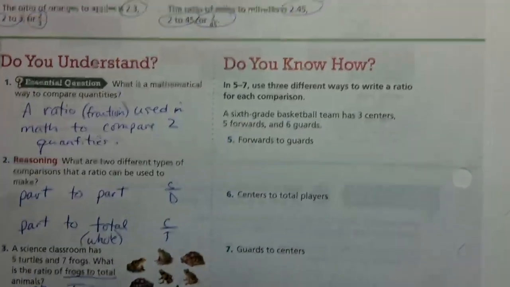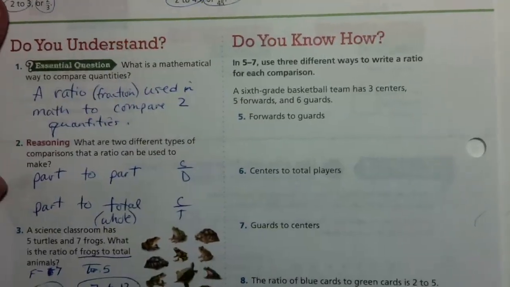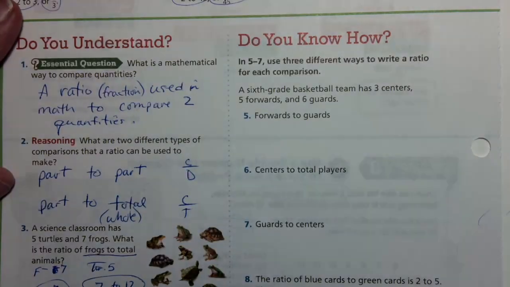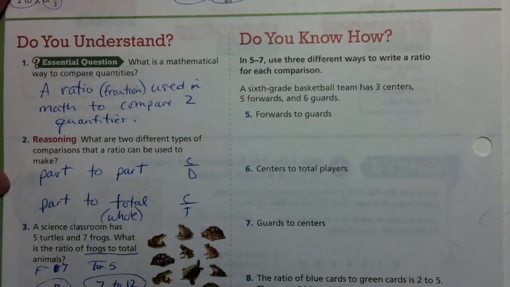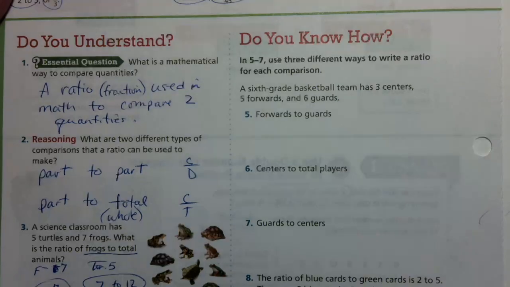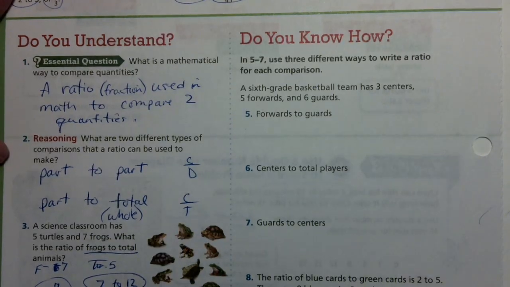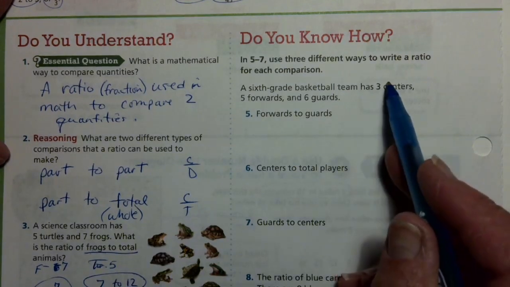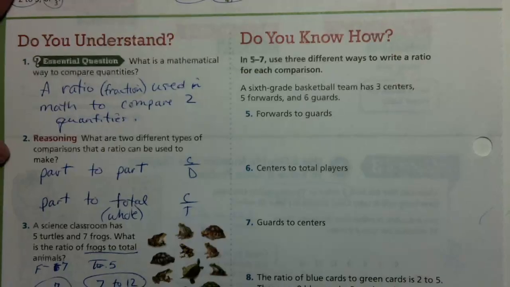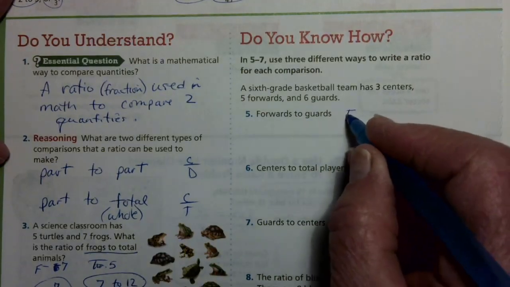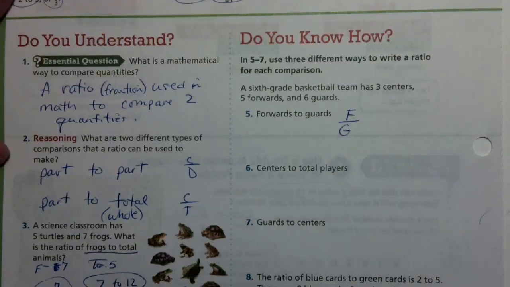All right, we're going to go to number 5. In 5 through 7, use 3 different ways to write the ratio. 6th grade basketball team has 3 centers, 5 forwards, and 6 guards. So this is the information we're going to use for these 3 problems. We want forwards to guards.